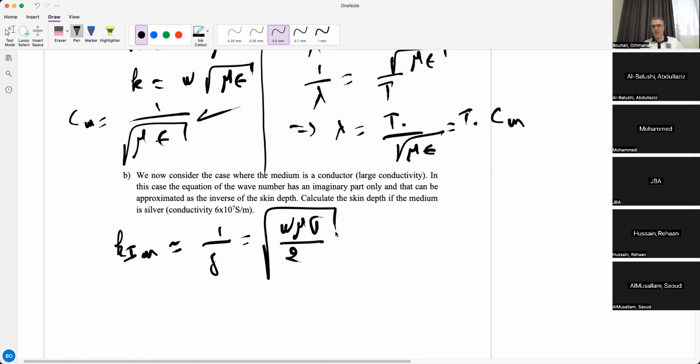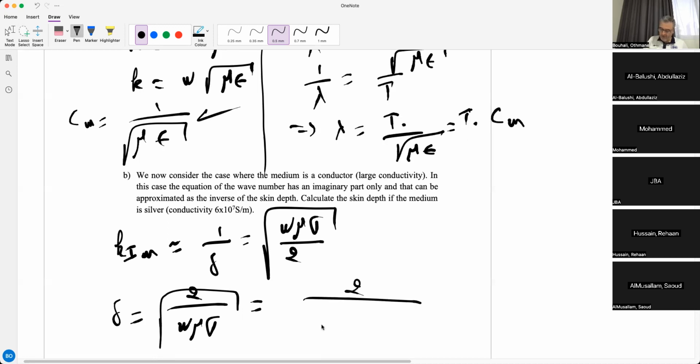And the question was to calculate the skin depth. So the skin depth is equal to the square root of 2 over omega mu sigma. Now, what is omega?